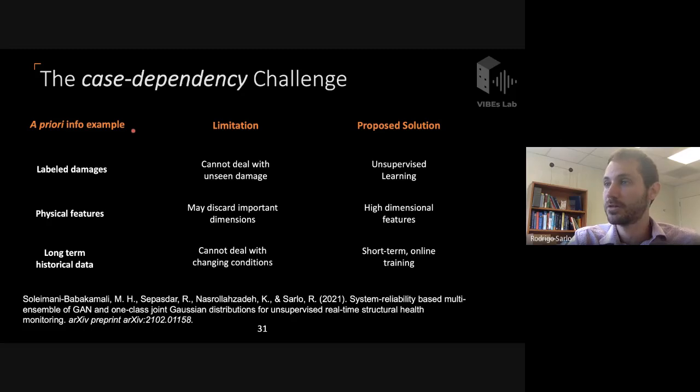And if conditions are changing, this limits our ability, or even if conditions are changing between structures, not necessarily over time. So our proposed solution for that is short-term online training, limiting the training to online and relying less on historical data.